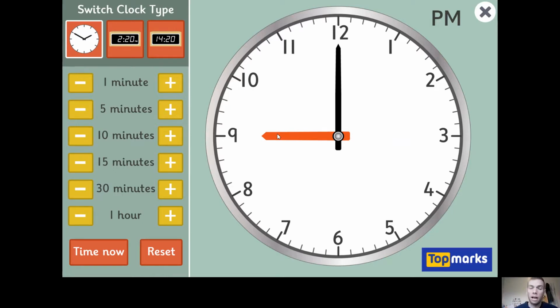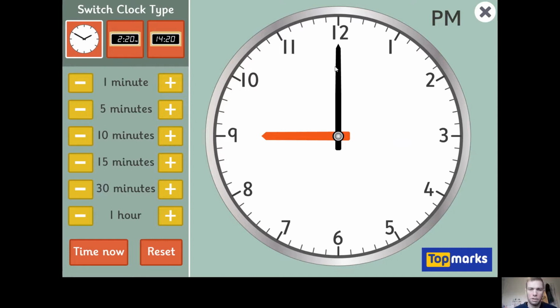Now, when we say our hours, we might say it's 9 o'clock, because the hour hand is pointing to the 9 and the minute hand is pointing right up to the top, right up to the number 12, and when it gets there we say o'clock, because it is exactly that hour. So it is exactly 9 o'clock.